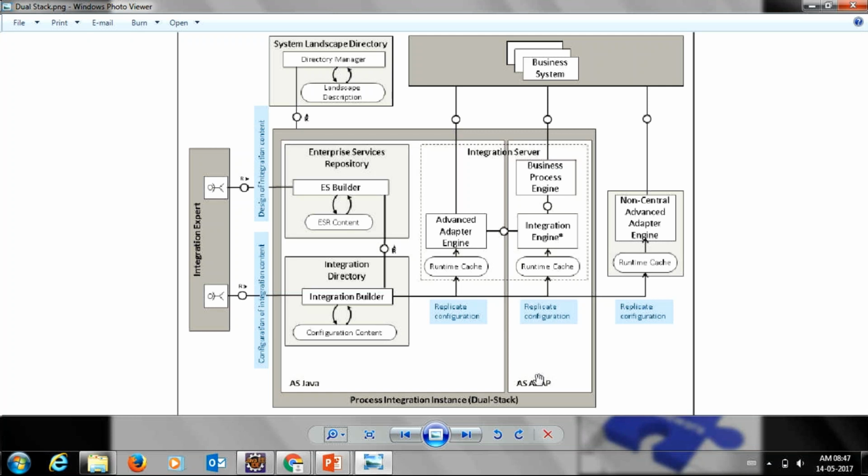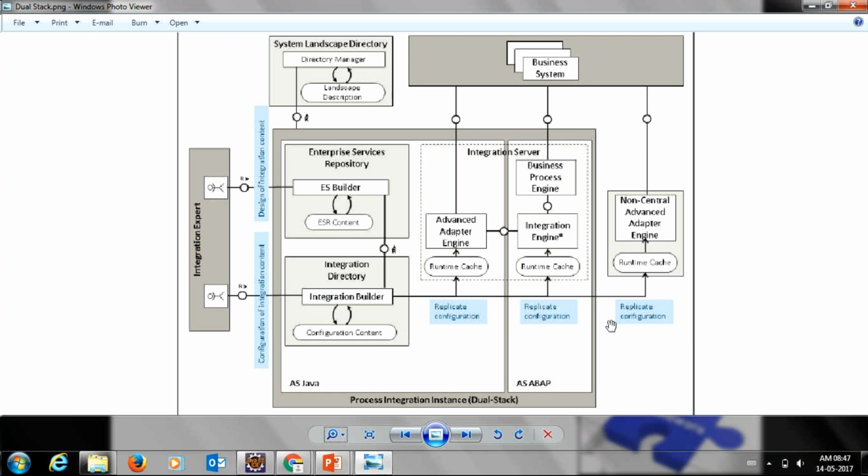Also, there were events when your message gets stuck in the queues where it is transferred from one stack to another stack, which led to so many problems, and we had to do a hard reset or soft reset of the software. There were some issues with the dual stack.